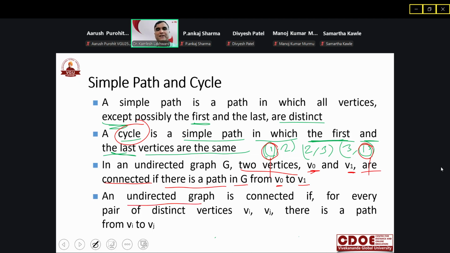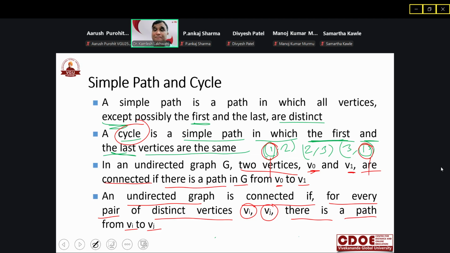An undirected graph is connected if for every pair of distinct vertices Vi and Vj, there is a path from Vi to Vj.